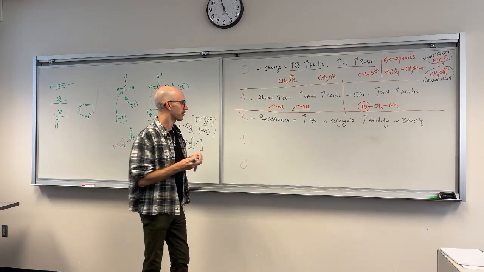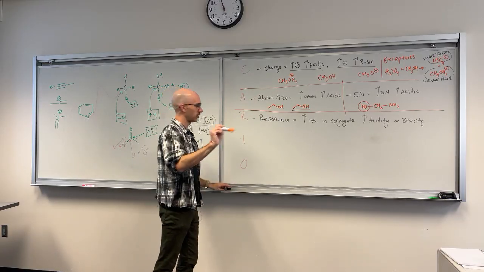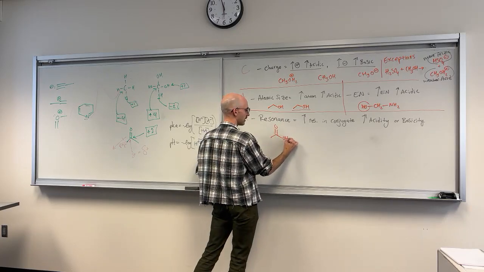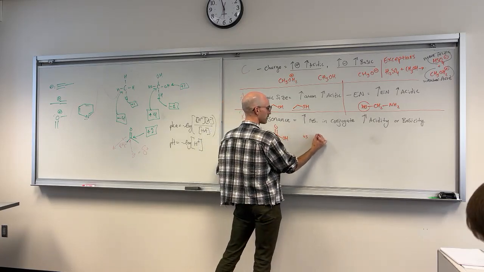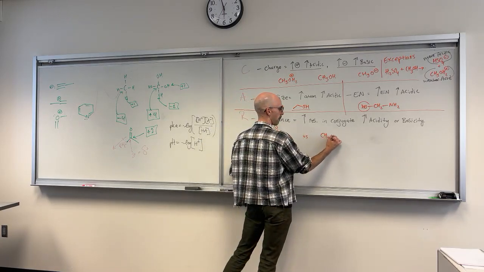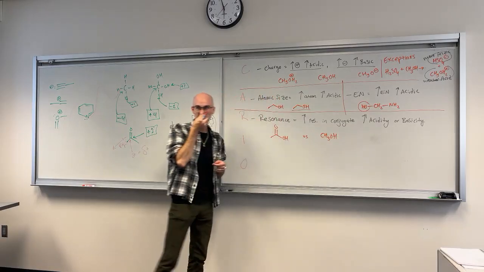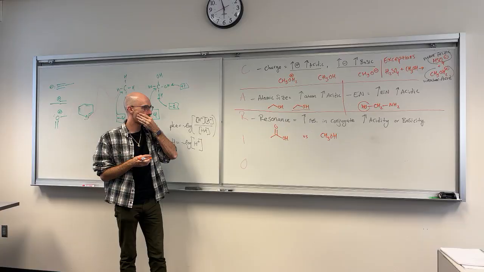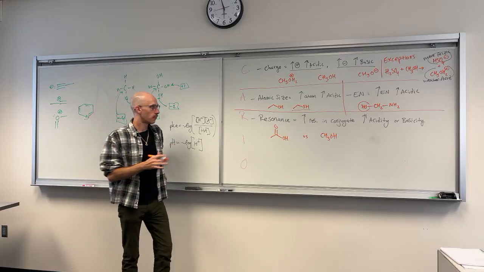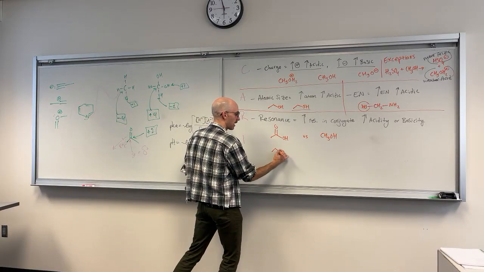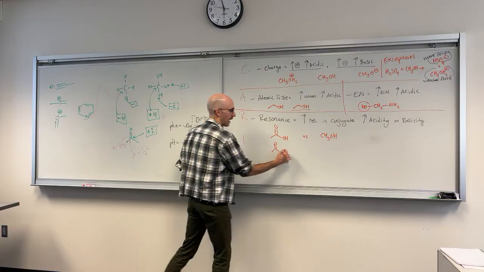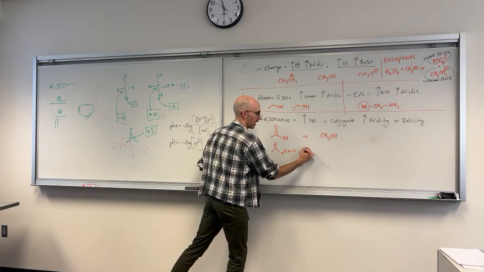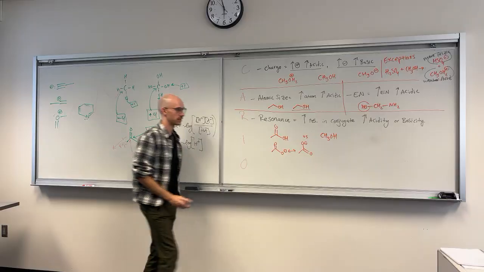Here's the examples that I like to give. Killian knows this one. Acetic acid versus methanol. Acetic acid becomes acetate, which has resonance between the two oxygens.